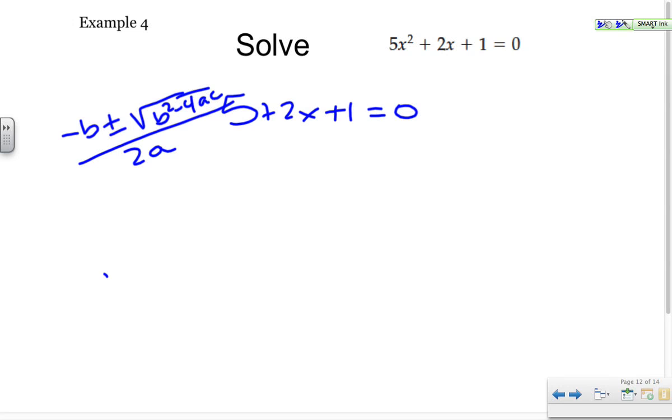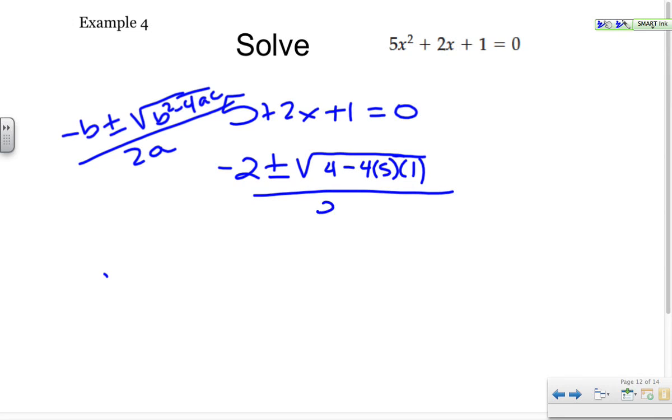Okay? So I have negative 2 plus or minus the square root of 4 minus 4 times 5 times 1 all over 2 times 5. So I have negative 2 plus or minus the square root of 4 minus 20, which is negative 16, over 10.